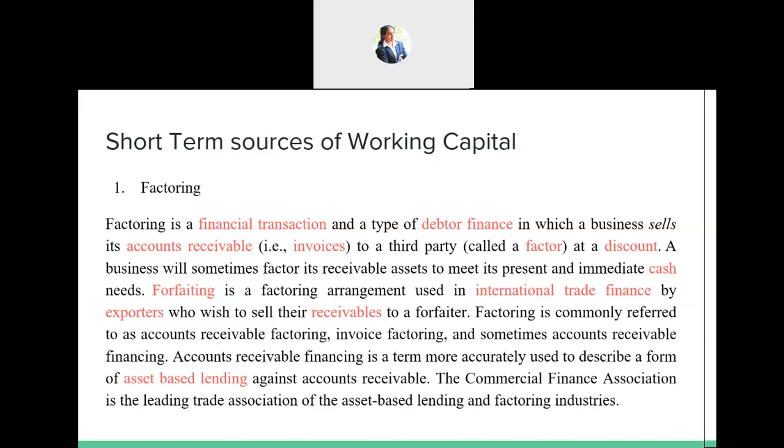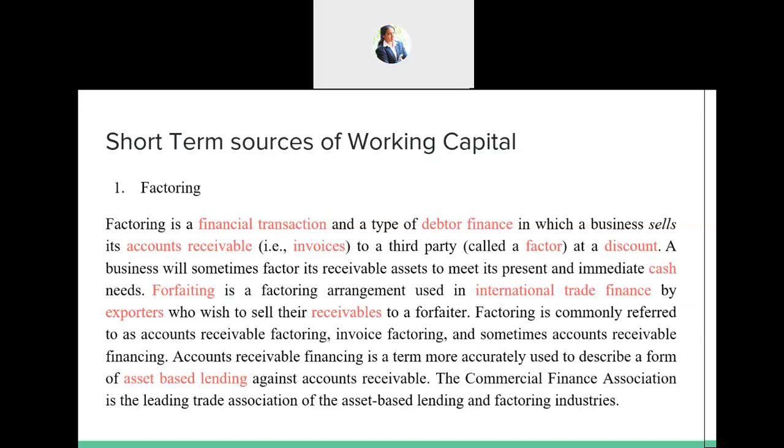Many times this is used by business organizations to meet their present or immediate obligations of liquid cash.